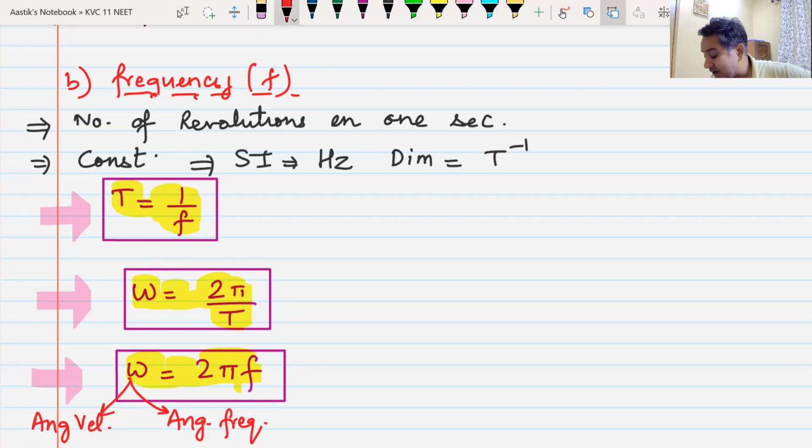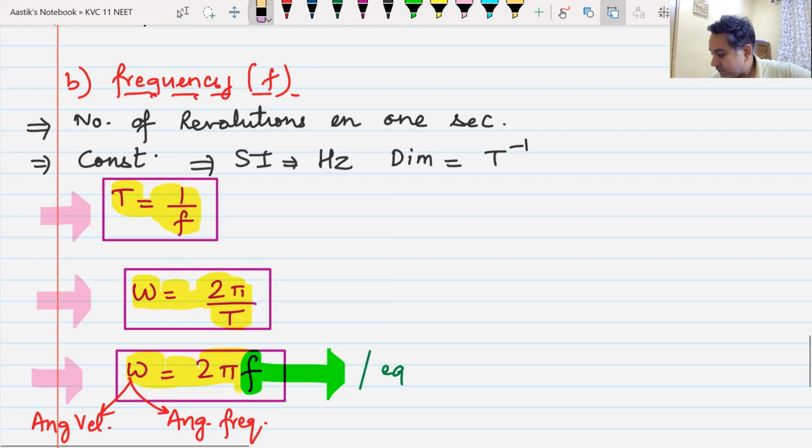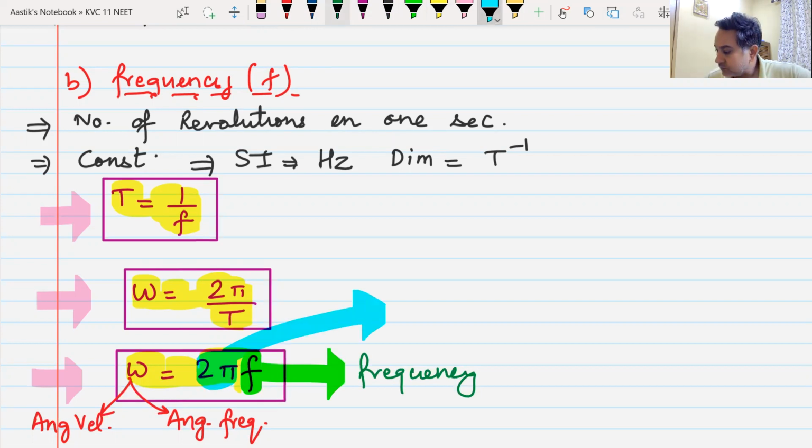Why is it known as angular frequency? The simple reason is that F is frequency and 2 pi is an angle.